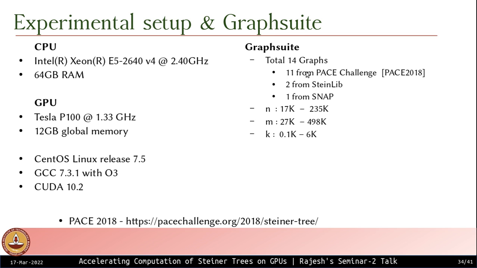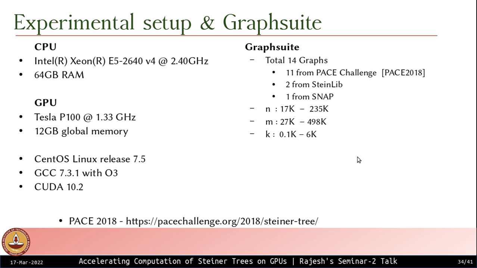We have used 14 graphs, of which 11 we have taken from the Pace Challenge, which are the largest and most difficult instances from the challenge, and we have taken two hard instances from Steinlib. Steinlib is the collection of all the Steiner tree instances known so far. One instance we took from the Snap library.